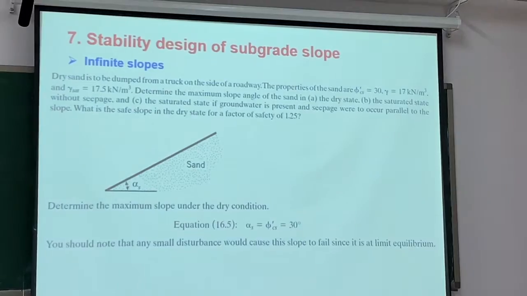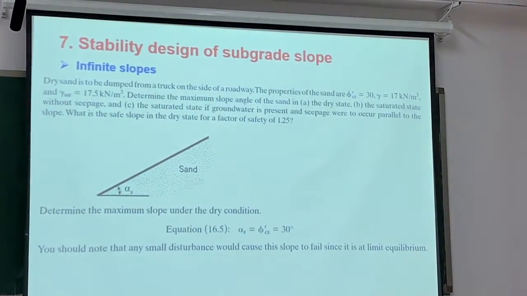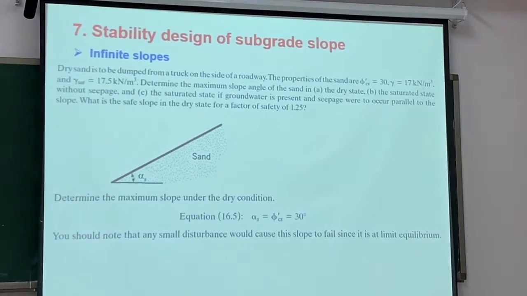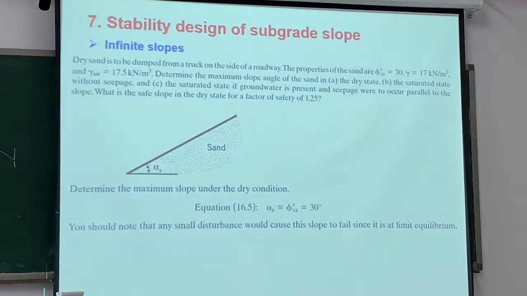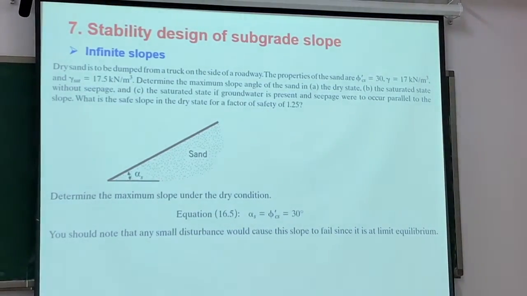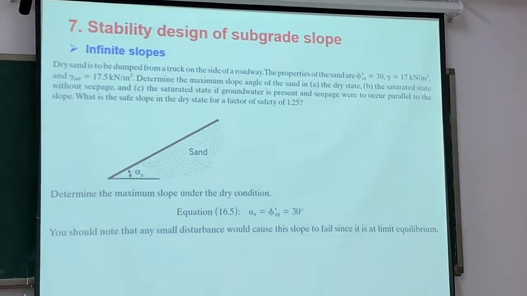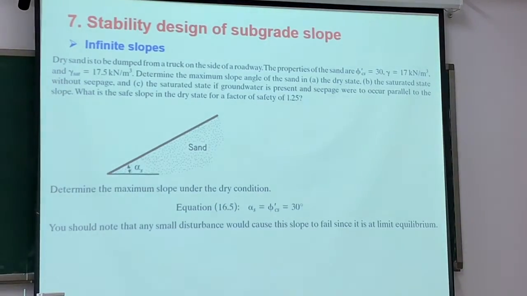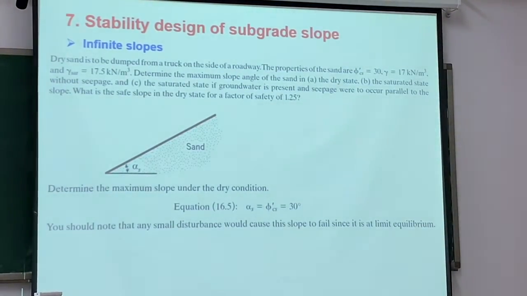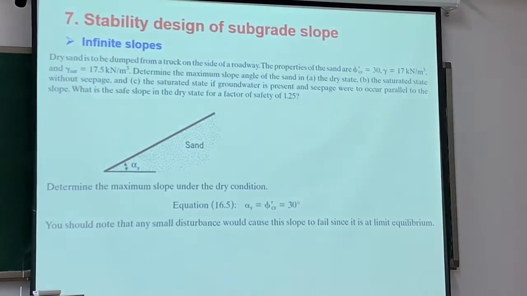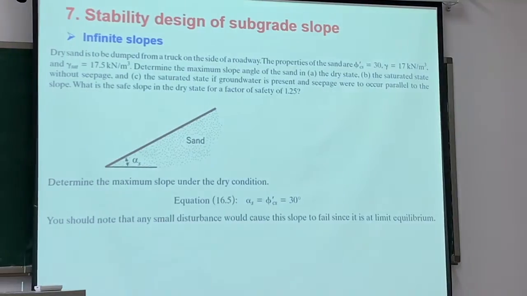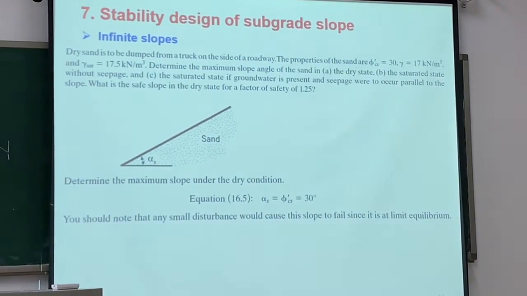Determine the maximum slope angle of the sand in the dry state and the saturated state, and in the saturated state if groundwater is present and seepage were to occur parallel to the slope. What is the safe slope in the dry state for a factor of safety of 1.25? How to calculate?